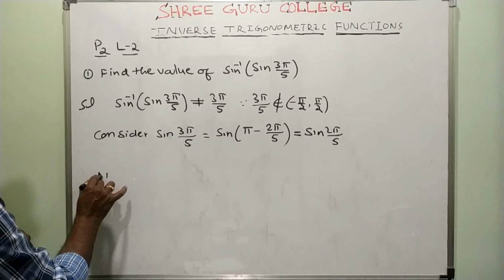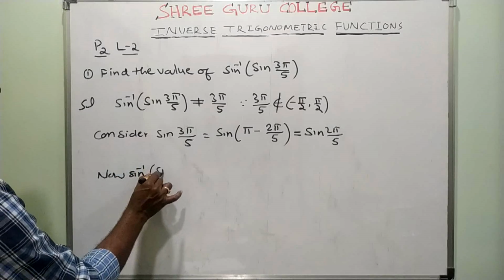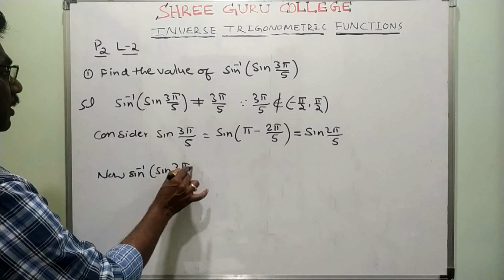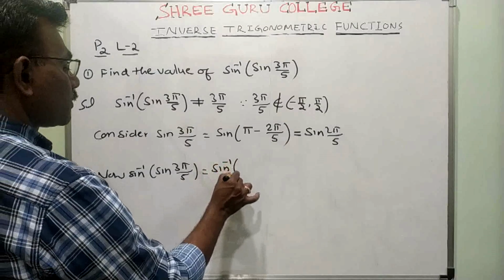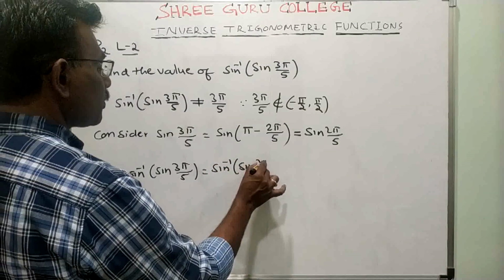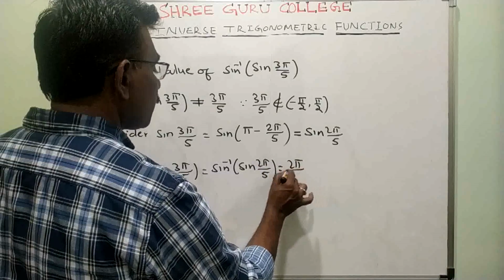Now sine inverse of sine 3 pi by 5 equal to sine inverse of sine 2 pi by 5 equal to 2 pi by 5.